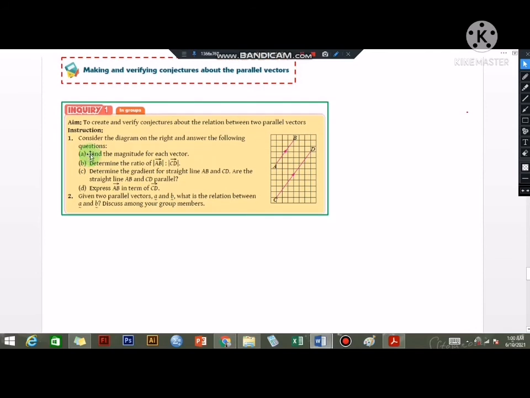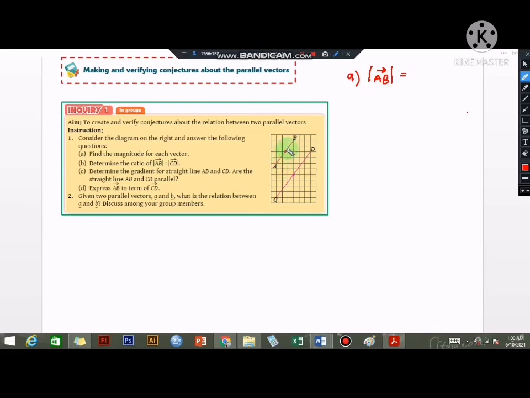Look at them one by one. Question A. Find the magnitude of each vector. So vector AB first. Vector AB magnitude. Vector AB, how many units?